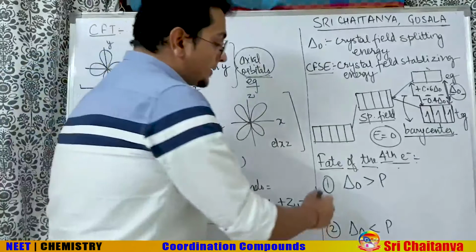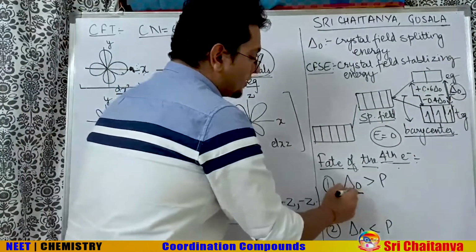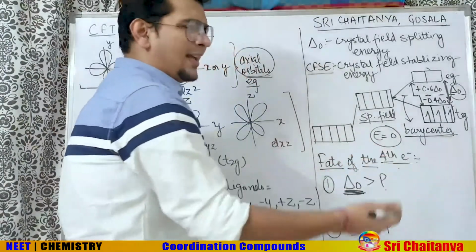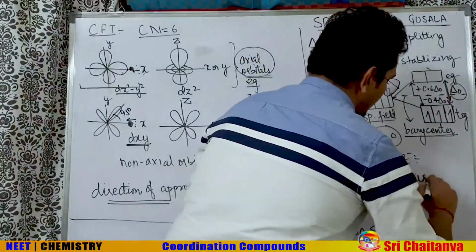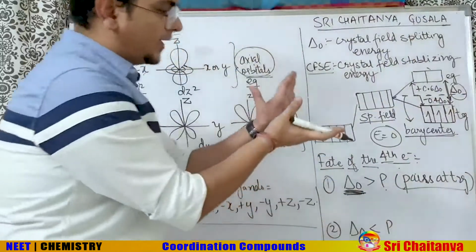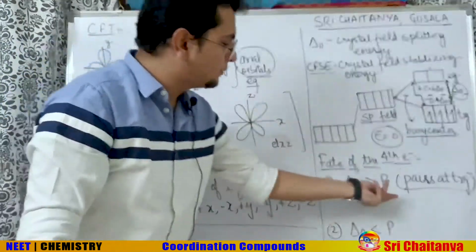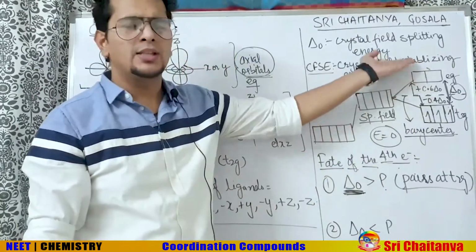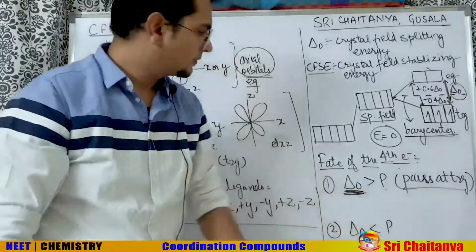That means, sir, if delta O is more than P, that means pairing energy is lesser and jumping energy is more. So why will I jump? I will pair. So it pairs at T2g. If delta O is more, that means the splitting is very, very high, so that it becomes more than the pairing energy. So the electron, instead of jumping up and going to Eg, will prefer to remain in the T2g and pair there only.